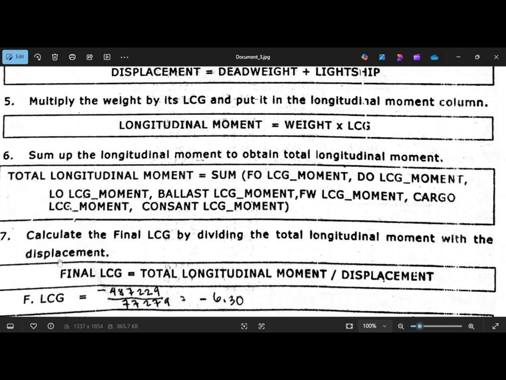Calculate the final LCG by dividing the total longitudinal moment by the displacement, and the final LCG is negative 6.3. Okay, I hope that's clear.